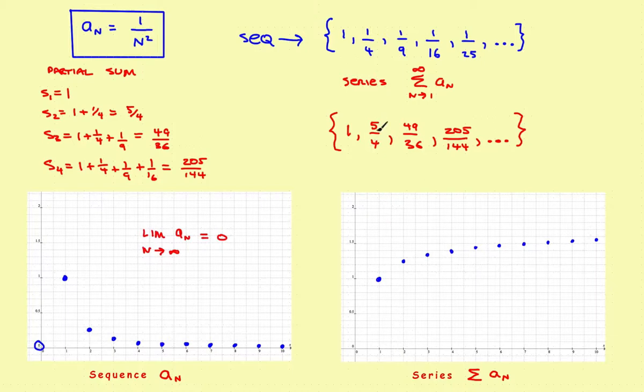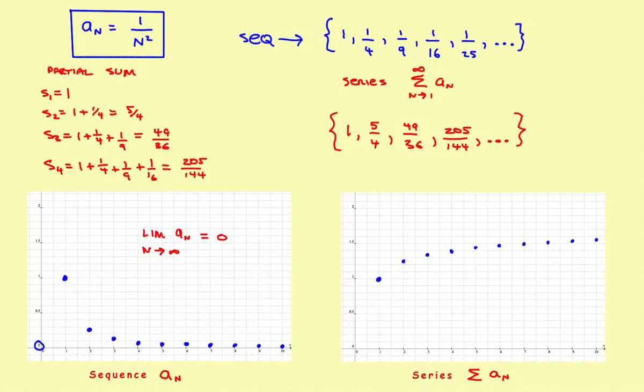When n is equal to 2, you'd have 5/4, and it would be this point right here. When n is equal to 3, you would have 49 over 36, which would round to about this point right here. 205 over 144 would give you this point right here, and so on. And when you did the series, you would come up with this series of blue dots right here.